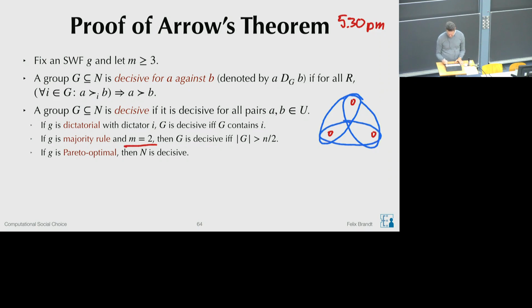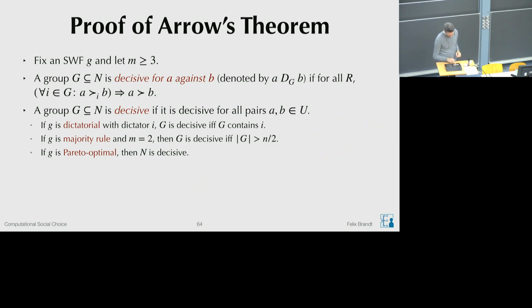This is also a majority. And of course, the group of all voters would be a decisive group. This is just to give you an example: the notion of decisiveness somehow represents the power structure for a given social welfare function. For majority rule, it would look like this. And as mentioned before, if G is a Pareto optimal function, then of course the entire group of voters would be decisive. Okay.